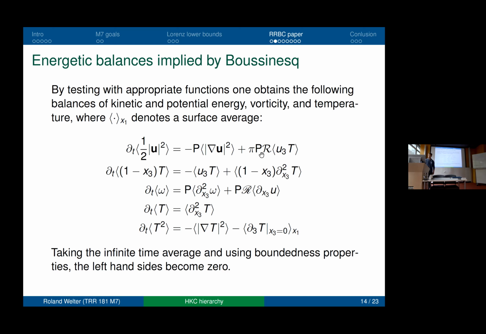So the first here is a kinetic energy balance, where the time derivative of the kinetic energy is equal to the viscous dissipation plus this forcing buoyancy thermal forcing term. And then the next one here is a potential energy term, and this is a vorticity term, and there's some other balances.